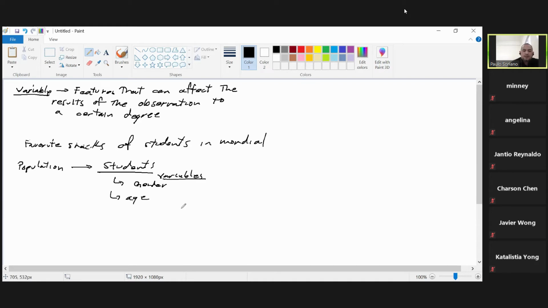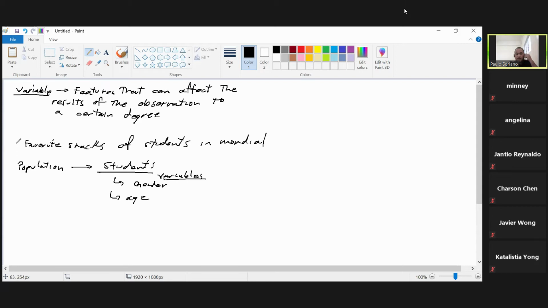Some variables that you need to consider. It can be blood type. If maybe in our community, maybe marital status, maybe they are single or married, right? Who knows? So these are now types of variables.